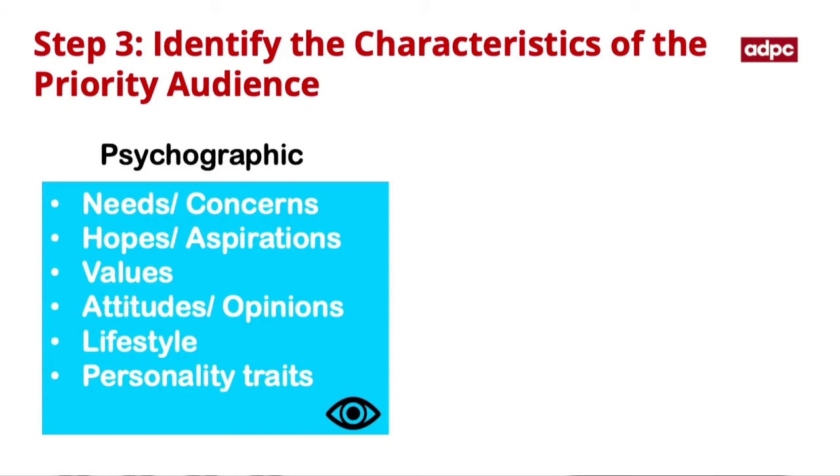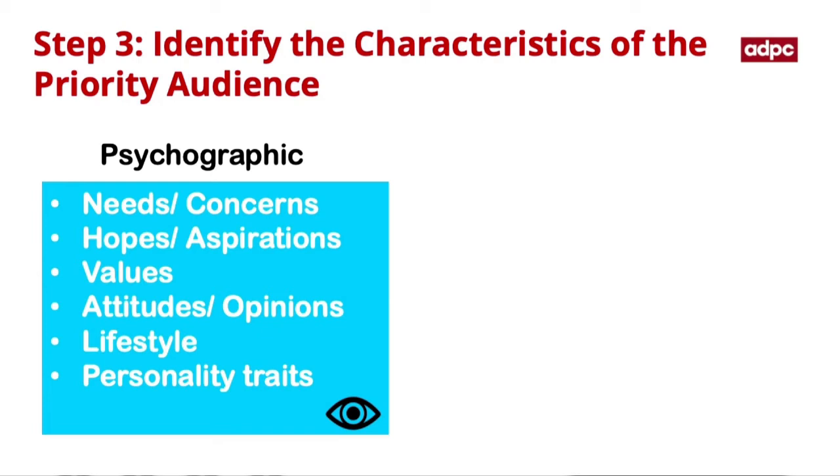The psychographic characteristics of your priority audience include their needs and concerns, their hopes and aspirations, their values, their attitudes and opinions, their lifestyle, and their personality traits.